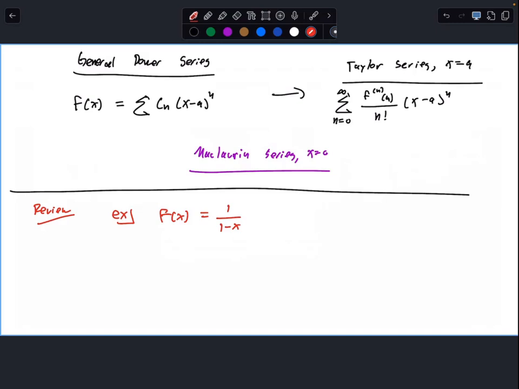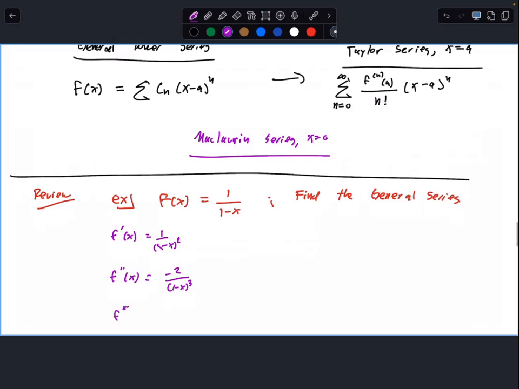If we want to find the general series, we know we can go through the long process. This is what we did in our lecture: f prime of x is 1 over 1 minus x squared. F double prime of x was 2 over 1 minus x cubed.